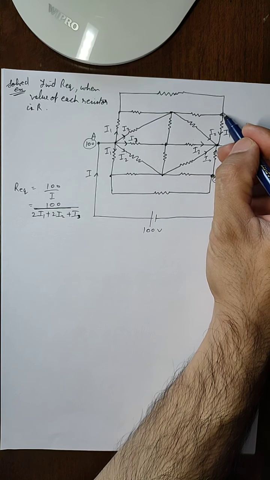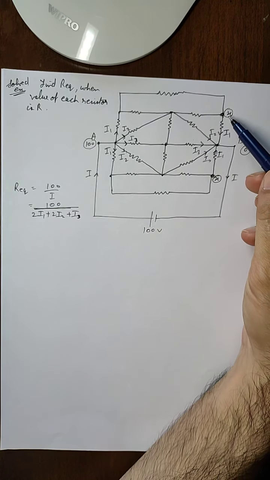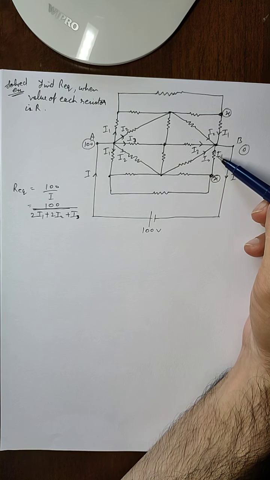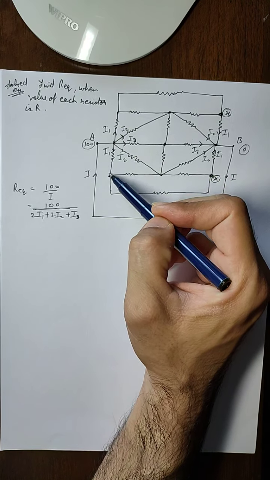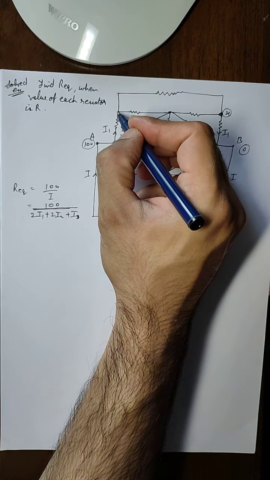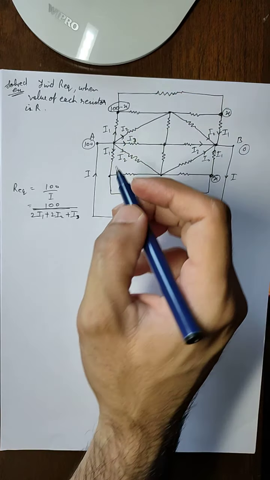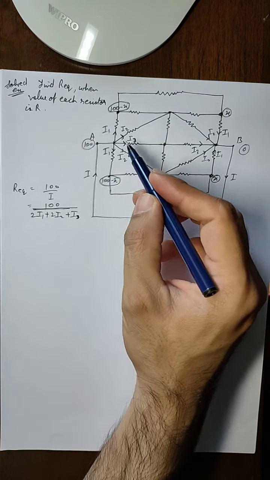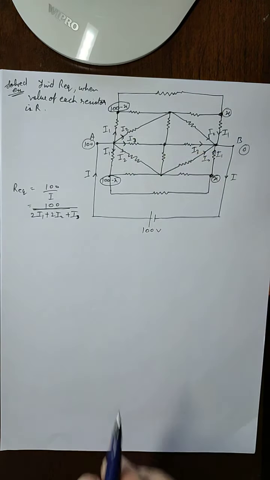That means the potential here should also be equal to X. Now if the potential difference on this branch and this branch is X, the same potential difference should be there on these branches, because the current and the value of resistors are the same. So that means this branch should have a potential of 100 minus X, and this point should also have a potential of 100 minus X, so that the potential across these branches is equal to X.